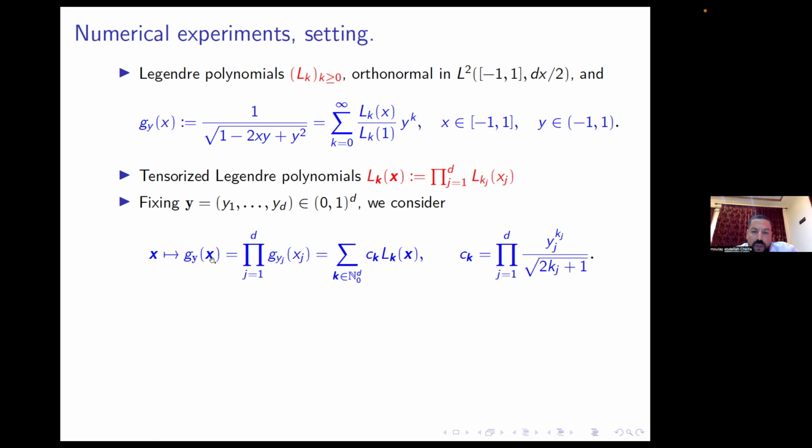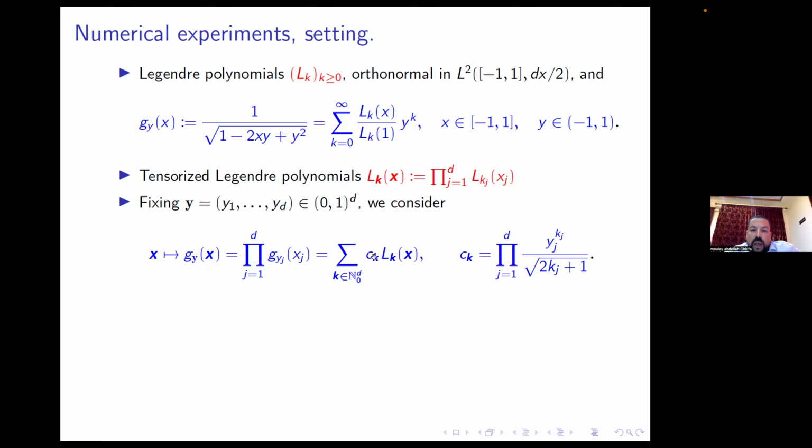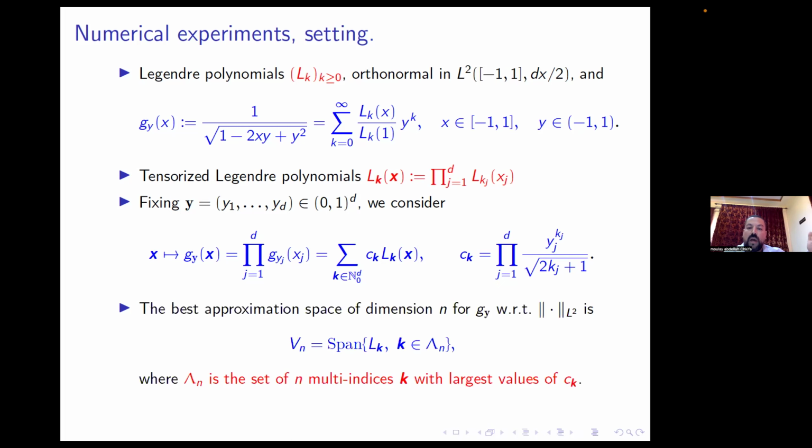So once we have this function over here, we will consider that we don't know the function. Let's say I have this coefficient, or I have an upper estimate on this coefficient. So I truncate the set of indices. I just keep the indices associated with the largest coefficients Ck.